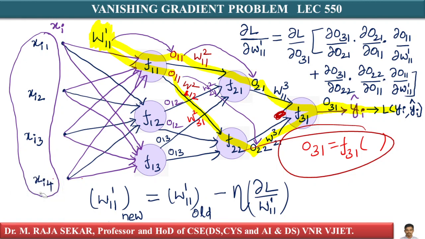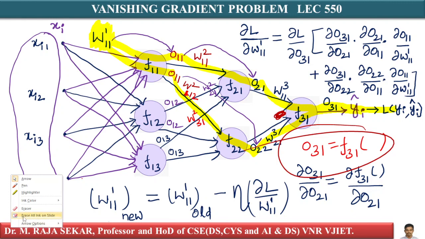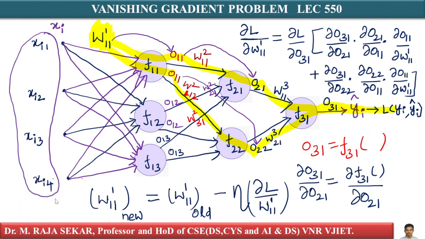The derivative of O31 with respect to O21 is nothing but the derivative of F31 with respect to O21, because O31 is nothing but the output of F31.